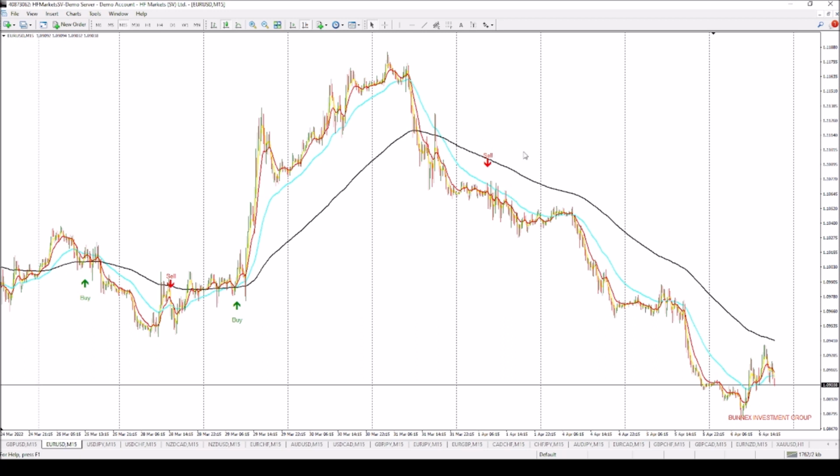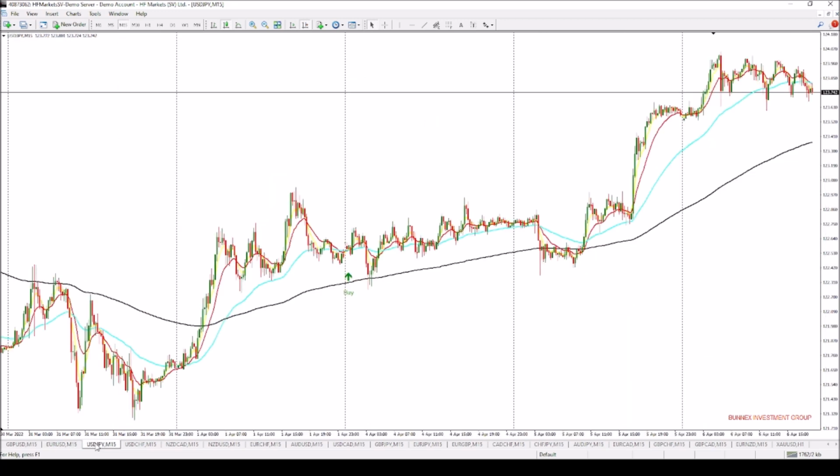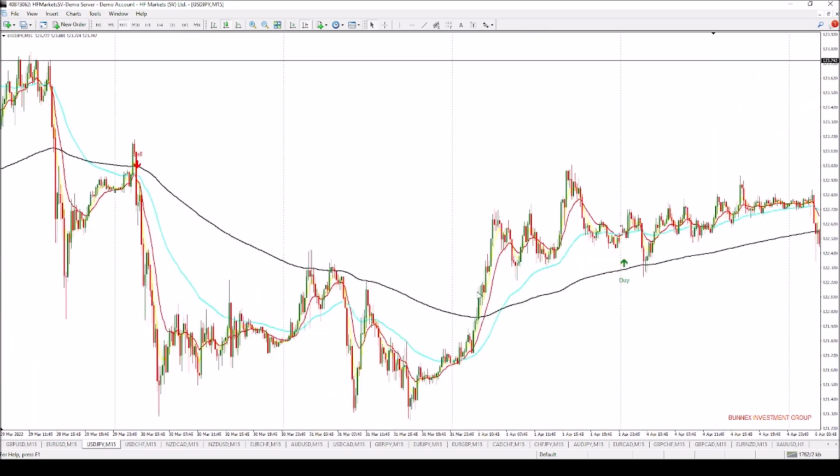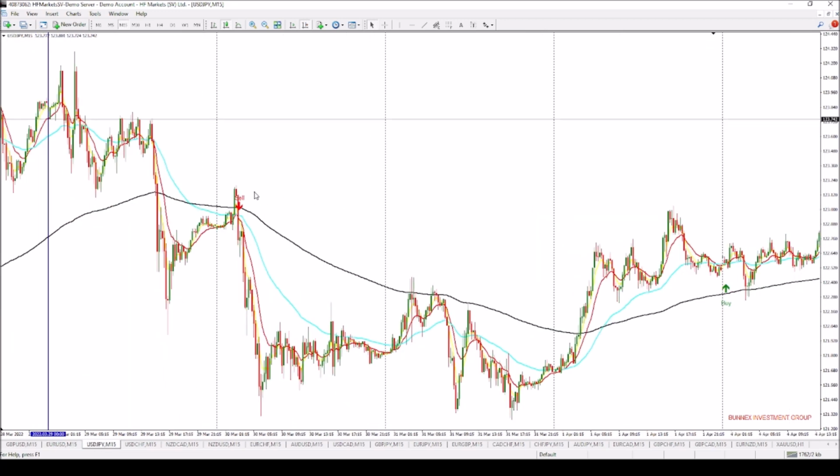Therefore, this was a valid entry. This was not a valid entry. Why? Because the signal was issued on the same day as a 50 200 EMA crossover. Then here we see a valid signal where we had a 50 200 EMA crossover on the previous day, and then the market issued a signal on this particular day.